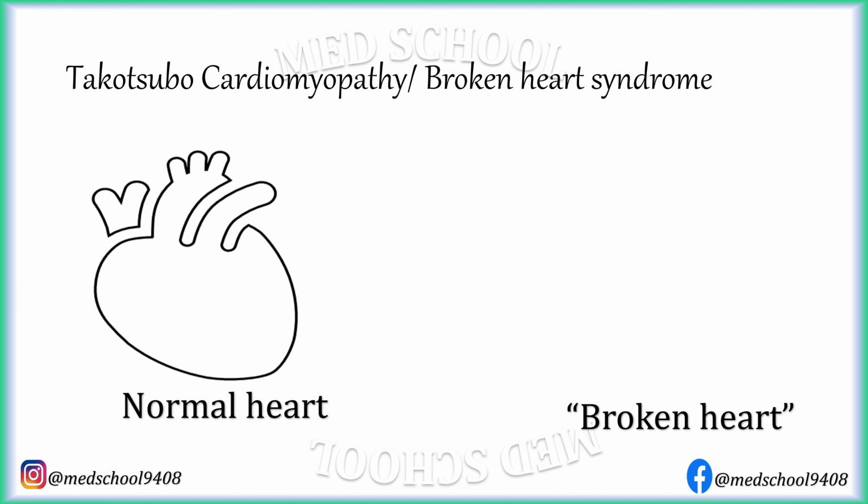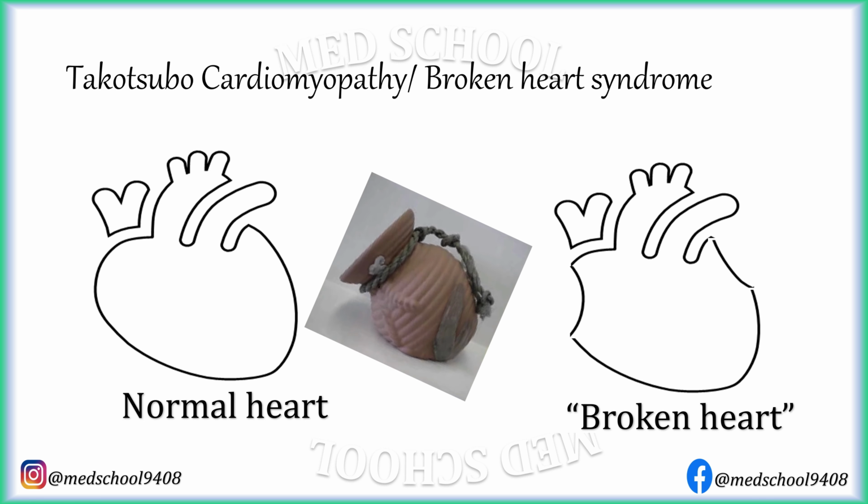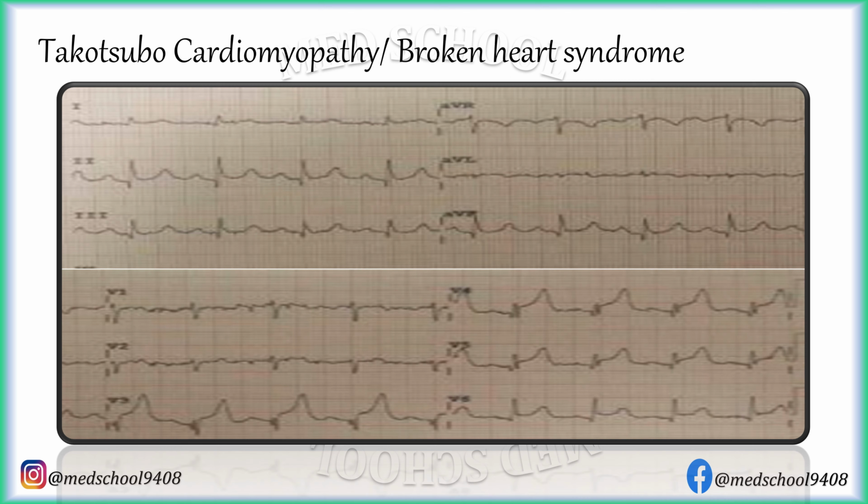Normally, whole ventricles contract, but in broken heart syndrome, mid and apical walls are hypo or akinetic. Because of this abnormal contraction, on echocardiography, the cardiac cavity appears like a Takotsubo, which means octopus fishing pot in Japanese. This ECG was taken from a patient of stress cardiomyopathy.